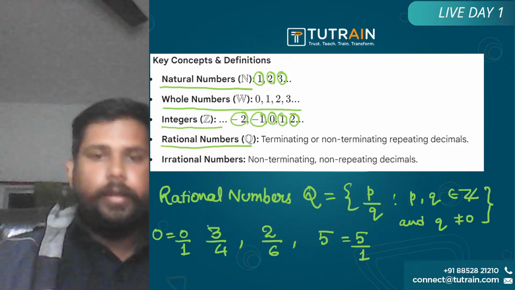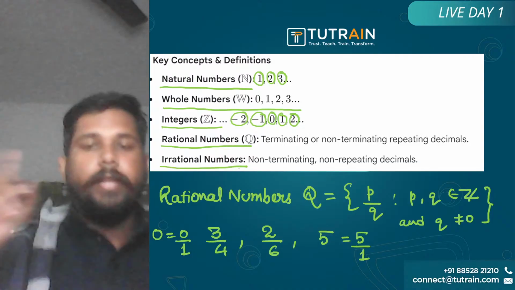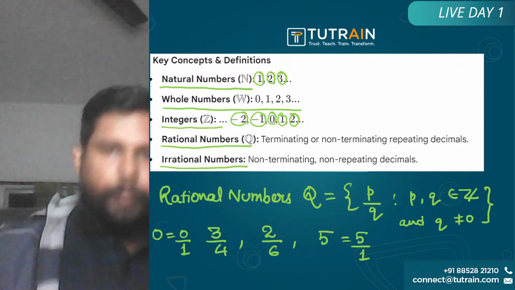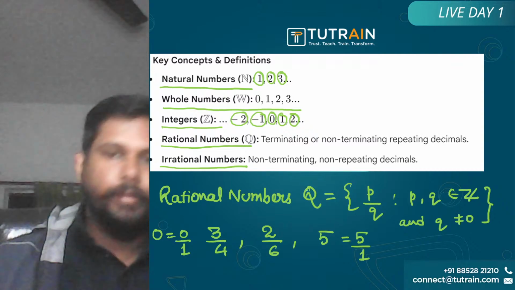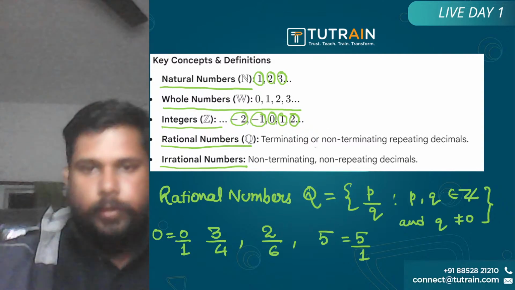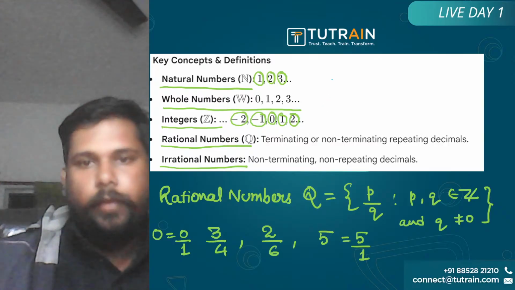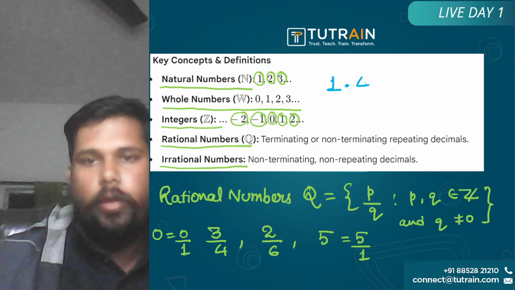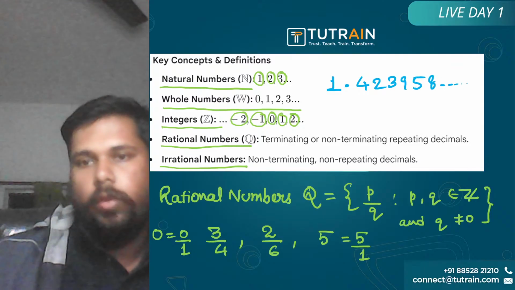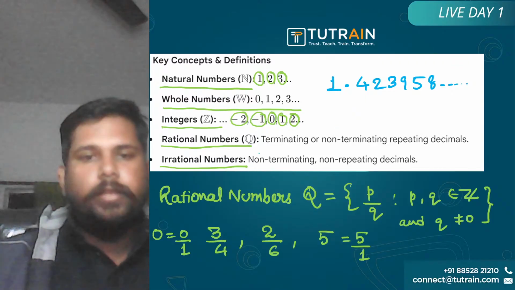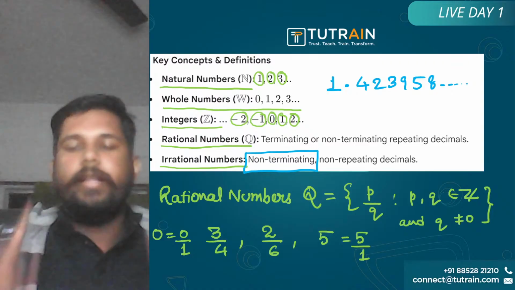Next we have the irrational numbers. Those numbers which are non-terminating and non-repeating decimals are called irrational numbers. Suppose I have a decimal number 1.4233958 and so on. First of all, it is non-terminating, which means it will never end.